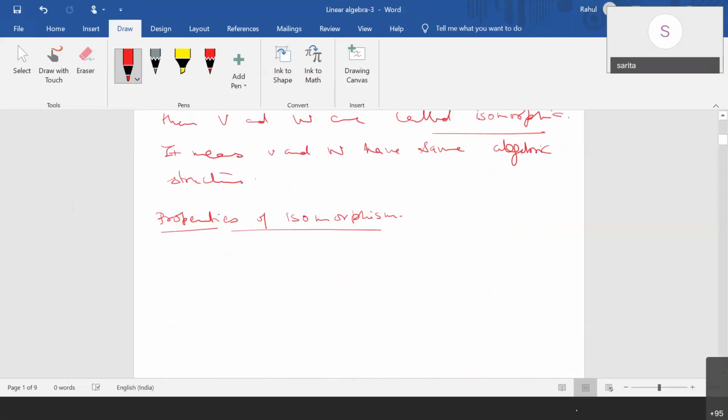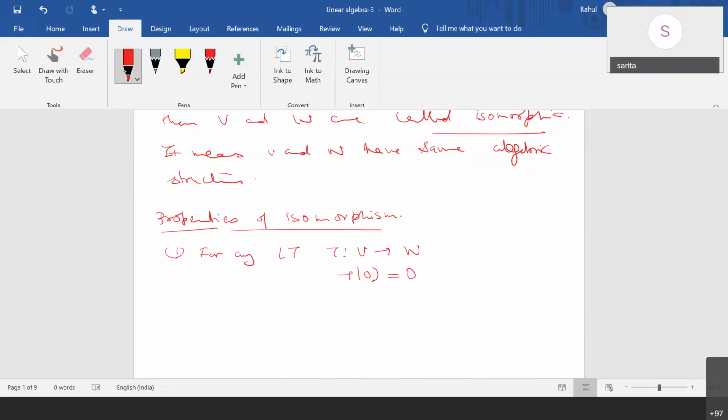Properties of isomorphism. The first property: for any linear transformation T from V to W, T(0) is equal to 0. Is it true?